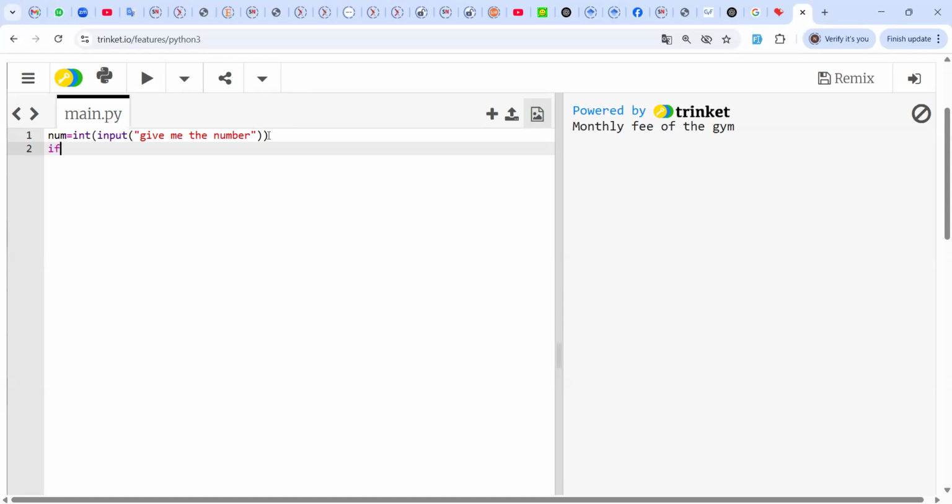So how can we know whether this number is odd or even? We have to check the remainder of the division by 2. If there is a remainder, it will be an odd number. Good job.